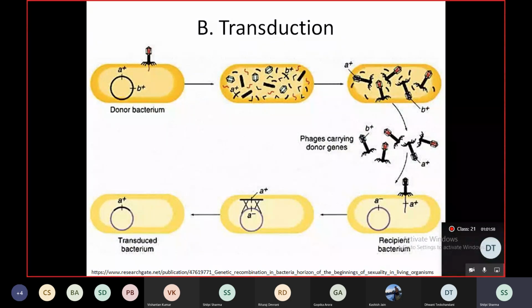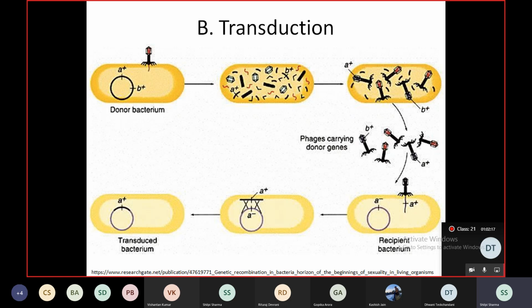So phages attach to these specific surface receptors, and then, like we saw in this animation, which was not clear, they inject their DNA containing the donor DNA as well into the cytoplasm of the host bacterial cell.